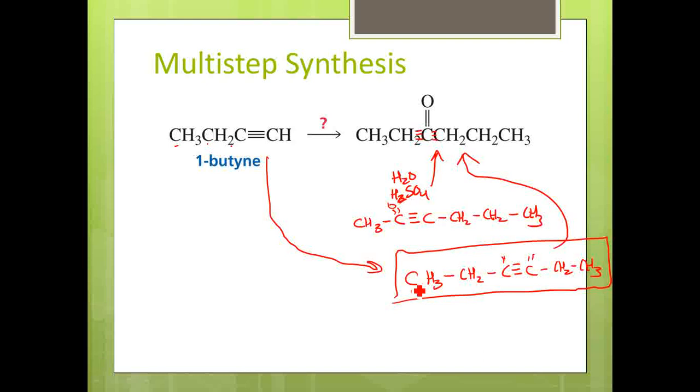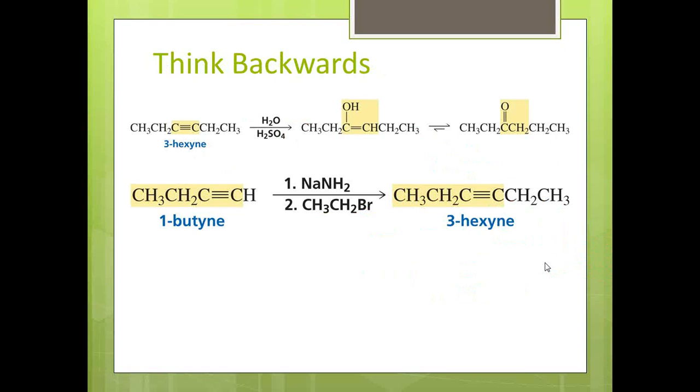Alright, so now we just have to ask, do we have a more simple direction to go from the 1-butene to a 3-hexyne? Now, ignoring the numbers, we do, because it turns out carbon, carbon, carbon, carbon, carbon, carbon. So we just need to turn this H into that. That gives us our starting point.